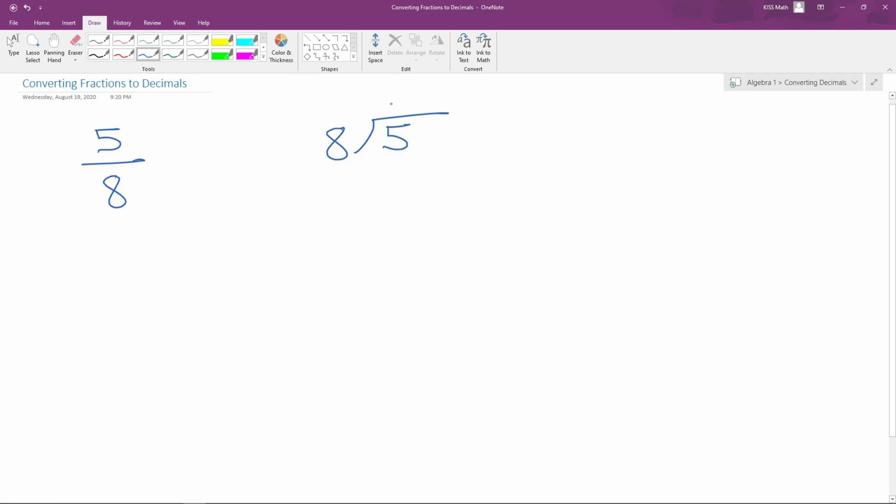So 8 goes into 5 0 times. 5 minus 0 is 5. Bring down a 0, which creates a decimal point. 8 goes into 50 6 times. Gives us 48. Subtract, 2.